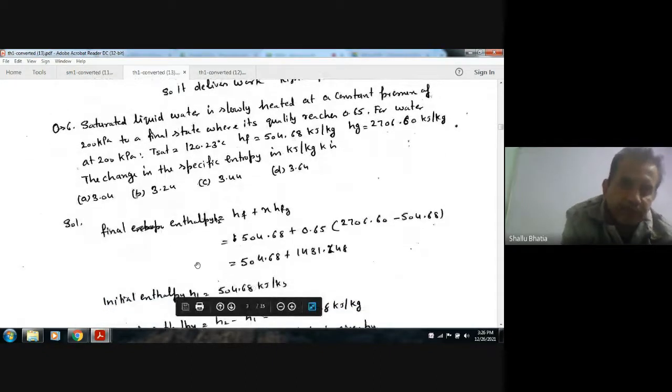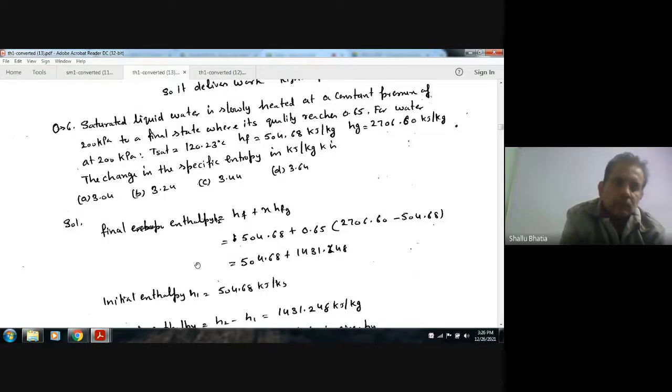Next, saturated liquid water is slowly heated at a constant pressure of 200 kPa to a final state where its quality reaches 0.65. For water at 200 kPa, T-saturated is 120.23 degrees Celsius, hf is equal to 504.68 kilojoule per kilogram, hfg is equal to 2706.60 kilojoule per kilogram.